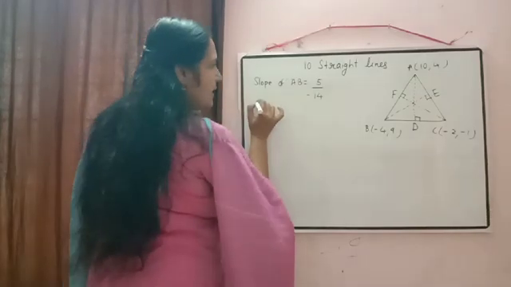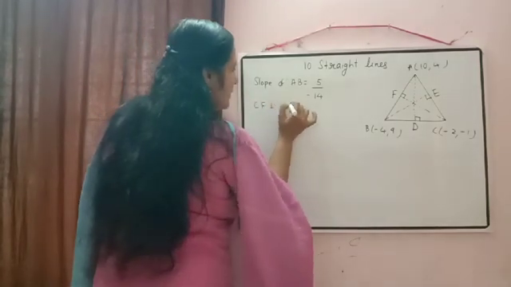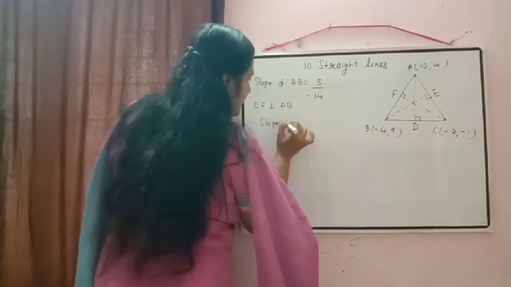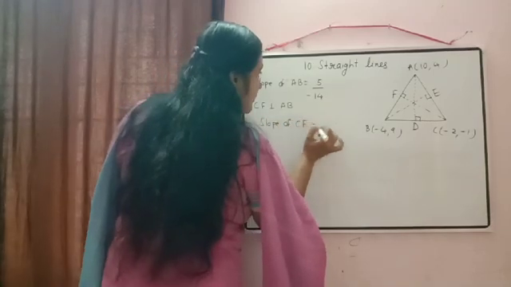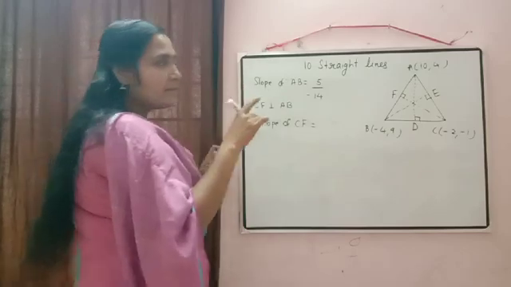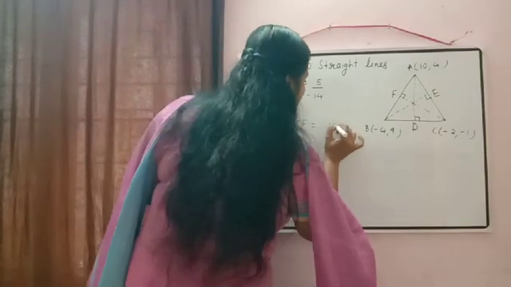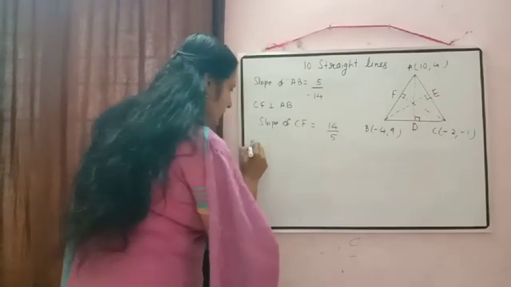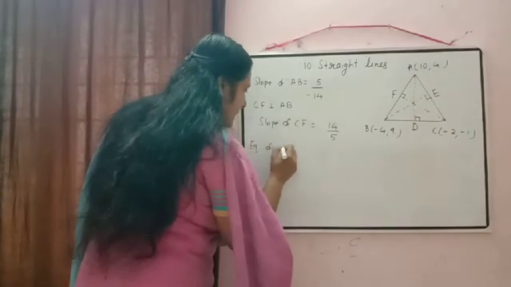Now write down here CF is perpendicular to AB. Therefore, what will be the slope of CF? Take the reciprocal and change the sign, so it will be equal to 14 by 5. Now we will write down the equation of CF.